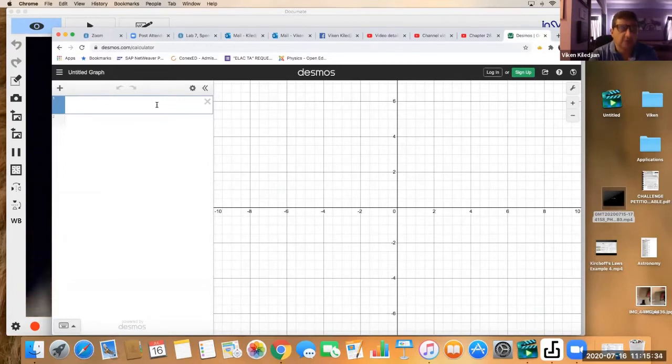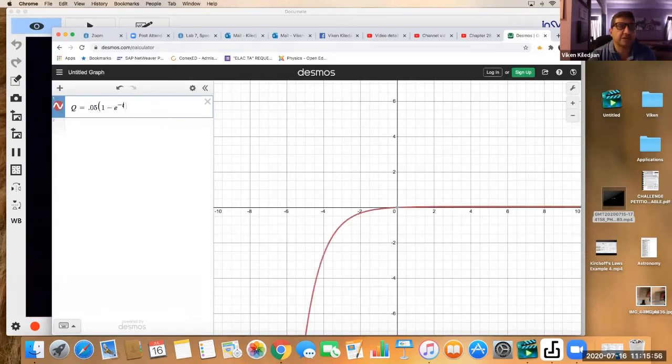So Q equals, the 50 millifarads can be written as 0.05, times 1 minus e to the power negative t over 10.